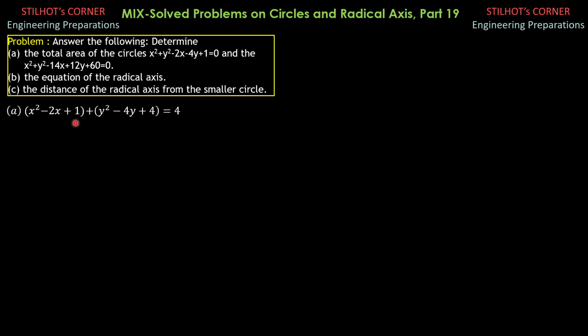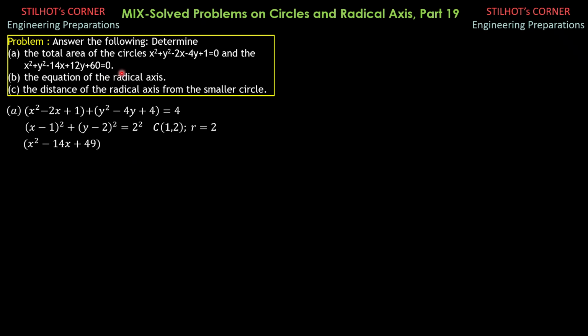Therefore, this is quantity x minus 1 squared plus quantity y minus 2 squared equals 2 squared. That means the center of the circle is at 1, 2, and the radius is 2 units. Therefore, the area is pi times 2 squared or 4 pi. Center 1, 2, radius 2, the area is 4 pi.